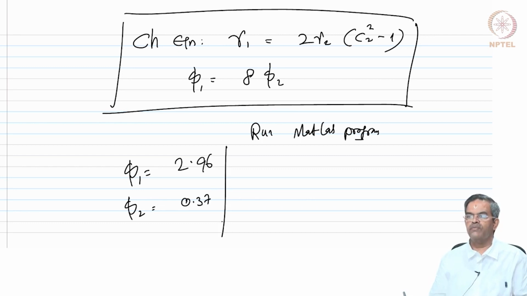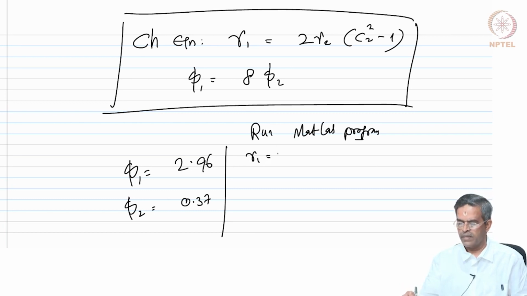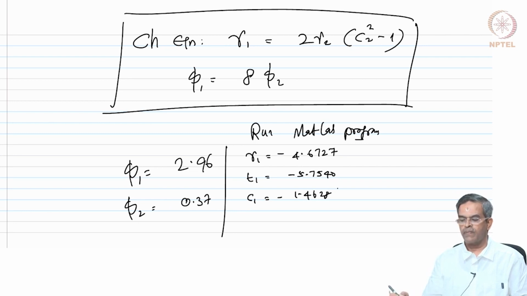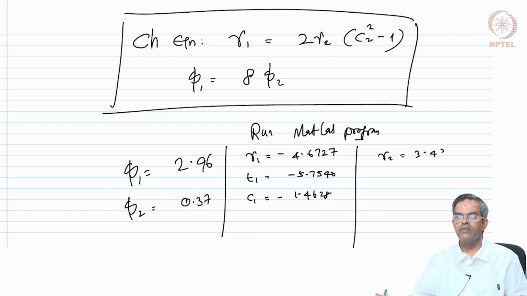For these values, if you look at the chart, I get R1 as minus 4.6727, T1 as minus 5.7540 and C1 as minus 1.4628, and further R2 as 3.4878 from the chart, T2 as 0.6754 and C2 as 0.6127.